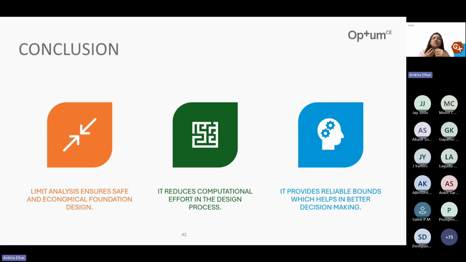So that will give you more time to think and do the critical thinking. And because of these lower and upper bounds, it will give you a reliable solution. You will have more confidence in the values that you are presenting. So it will help you provide those reliable bounds and help you make better decisions.